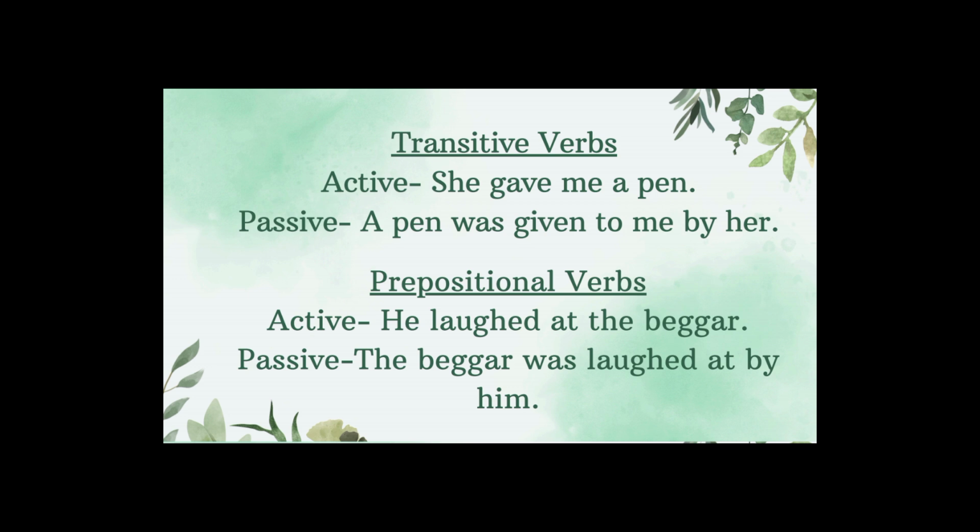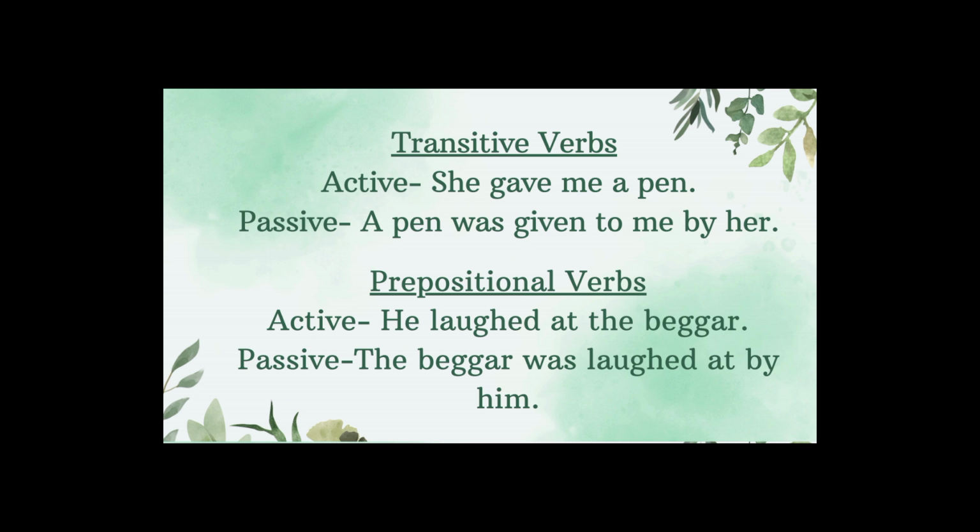In the passive form, as the sentence is in simple past, you will add was: a pen was given to me by her. Here you can see that two objects are there: one is me and one is a pen. So this transformation can be done in two ways.